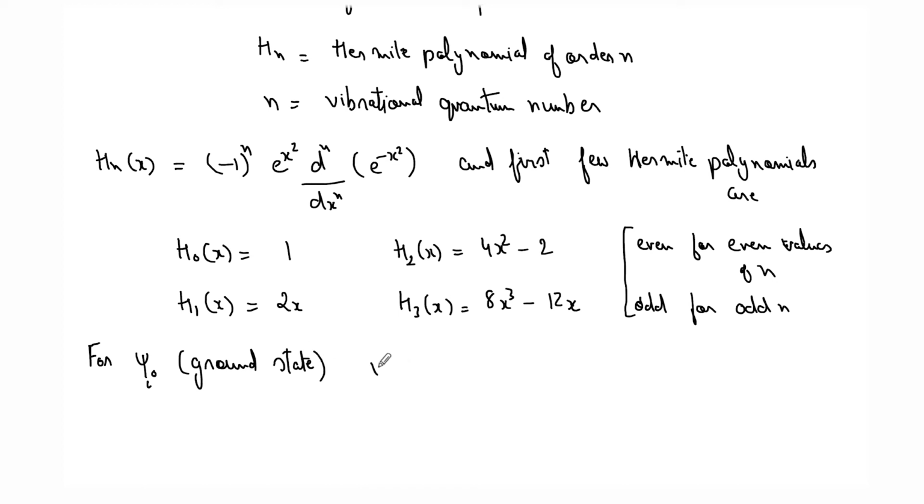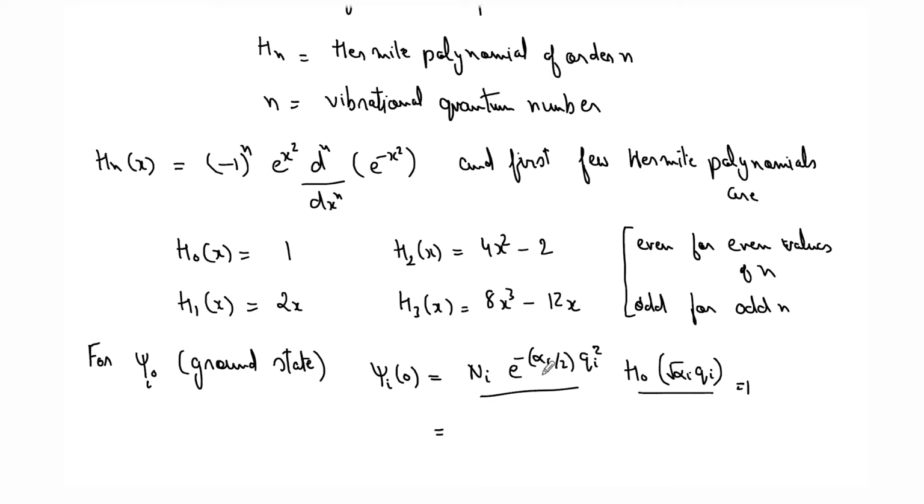So psi I0 is equal to Ni e to the power minus alpha I by 2 qi square H0 of x, where x is square root of alpha I times qi. Now it does not matter what x is, H0 goes to 1. So this quantity is equal to 1, right? And now we are left with this quantity.